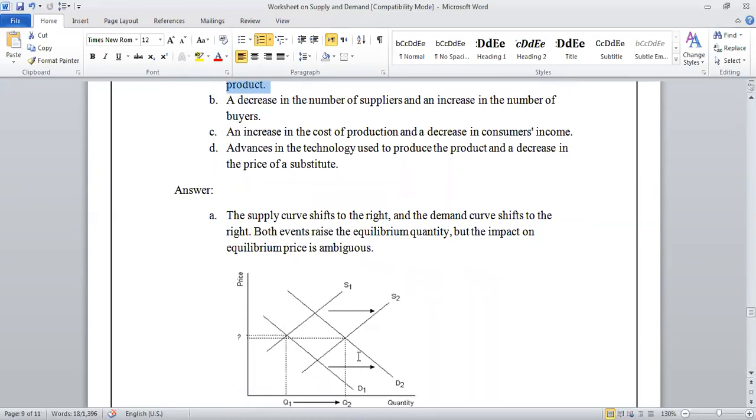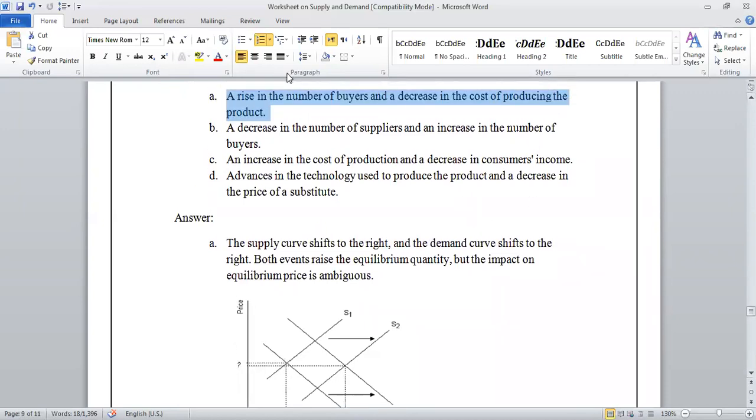Where is your original equilibrium? It's right here. The point of intersection between the first demand and the first supply. Go back here, it says what? A rise in the number of buyers. This is an increase in what? In demand. So you will shift your demand to the right.